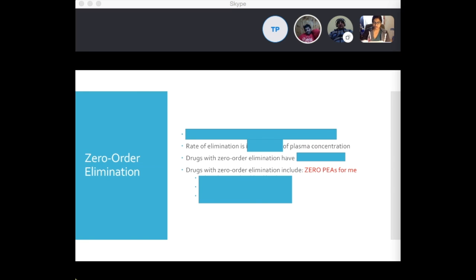It's getting excreted at a constant level, regardless of how much you're infusing. Correct. So you have a constant amount of drug eliminated per amount of time.